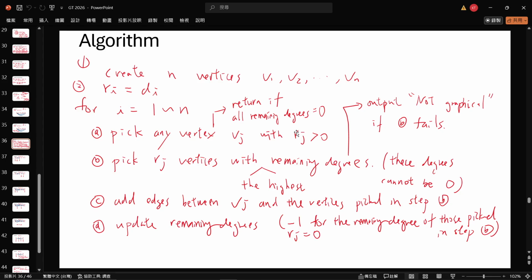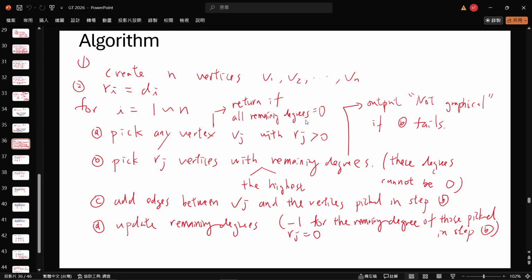And then we just repeat the following steps. In every round, we first pick a vertex. For this algorithm description, we can actually pick any vertex. You can pick the first vertex, or the last one, it doesn't matter. Let's call this vertex Vj.